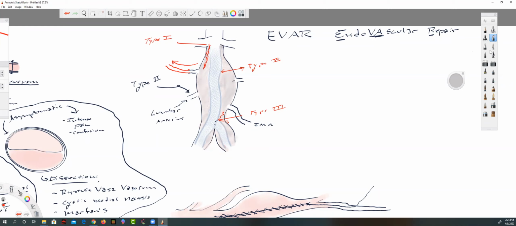Now remember, arteries, especially in the abdomen, they don't just kind of go out and end somewhere. That's not quite how things go. They go out and they branch again, and they branch again, and they branch here.